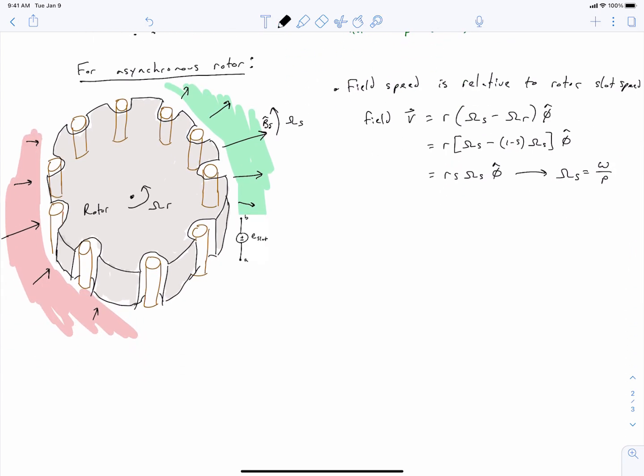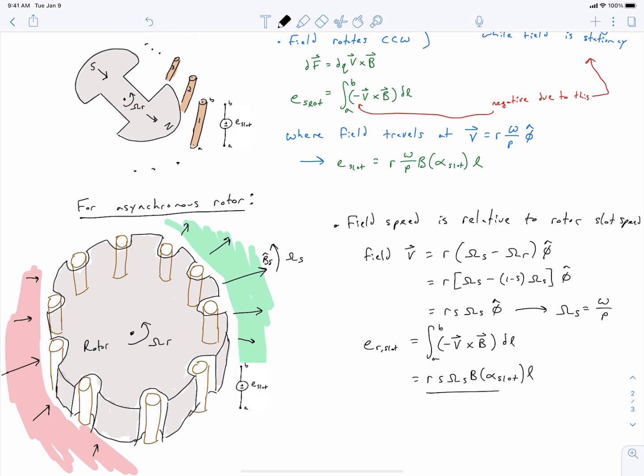And then we can calculate the voltage in the slot in the same manner. And so we get this expression here, which we can compare to this expression up here. And we notice with this definition here that it's the same thing, but multiplied by our slip.